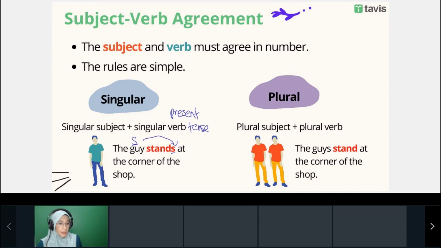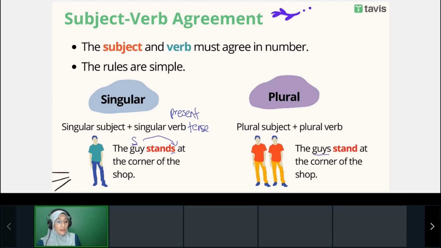But Miss, how about plural? Plural is simple. When you have plural, more than one, you can have three, or a million, gazillion, whatever. As long as it's more than one, your verb will be in plural form. As you can see here, I have the guys.